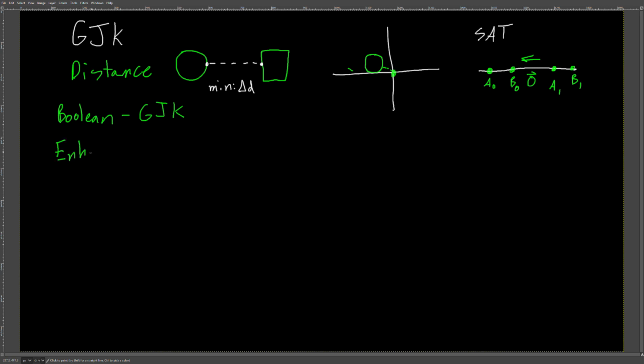Now, there are other forms of GJK as well. We have a Boolean version, which is for just yes or no, is there an intersection? So that would be for discrete collision detection. And there's an enhanced version that's used for fixing some floating point error in GJK, because GJK, while it's a very simple algorithm, once you go above 2 dimensions, you have to really deal with some interesting problems with floating point error.